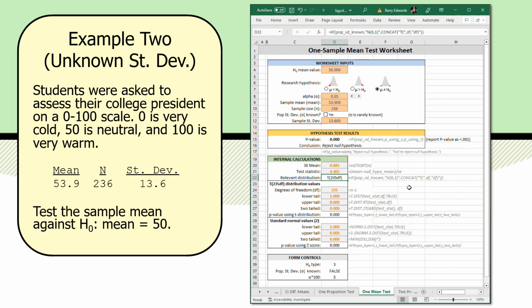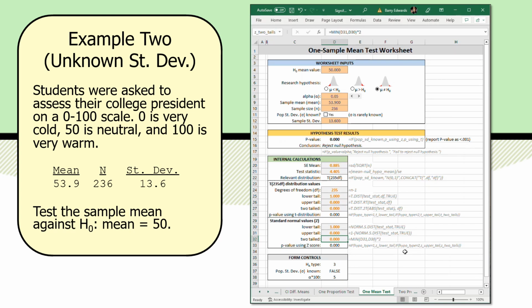So if we compare the test statistic 4.405 to a t-distribution with 235 degrees of freedom, we'll find that the two-tailed value is less than 0.001. So there's very little density in a t-distribution with 235 degrees of freedom, greater than 4.405 or less than minus 4.405.